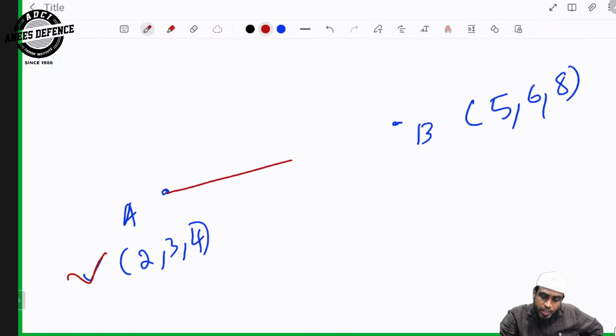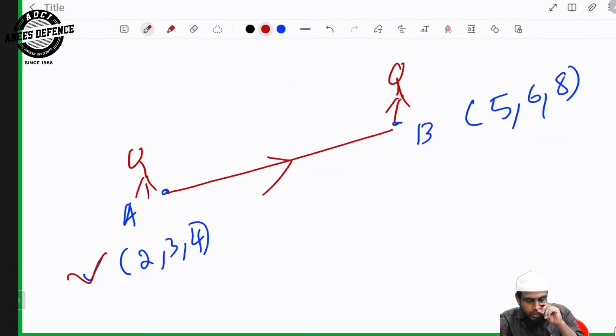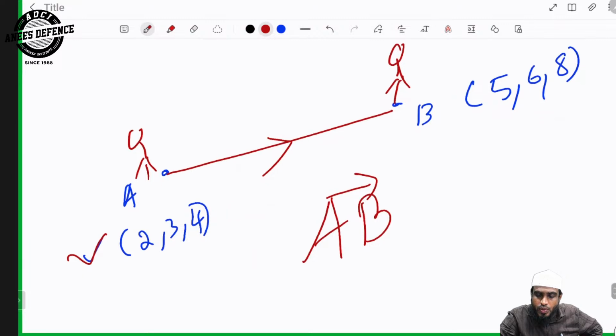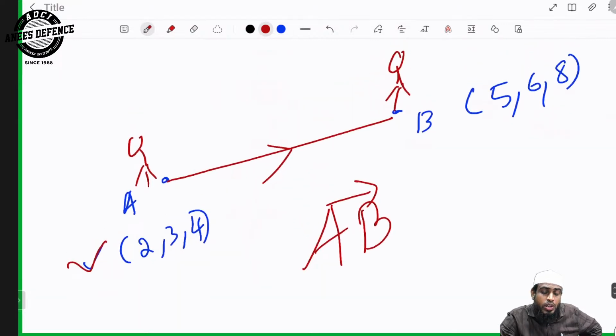So what is vector AB? Here we are starting from A and reaching up to B. So my initial point is A and the final point is B. So my vector can be represented as AB. What is the length of AB? Again, you can use this distance formula for that.